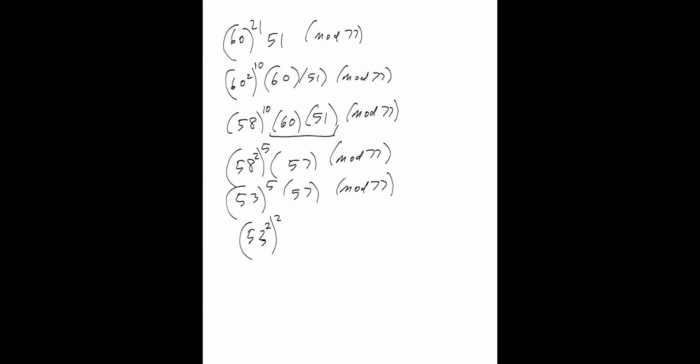So my last 53 goes to the side next to the 57, mod 77. So let's calculate what 53 squared is mod 77. Sorry, hold on. 53 squared mod 77 is equal to 37. So that's 37.